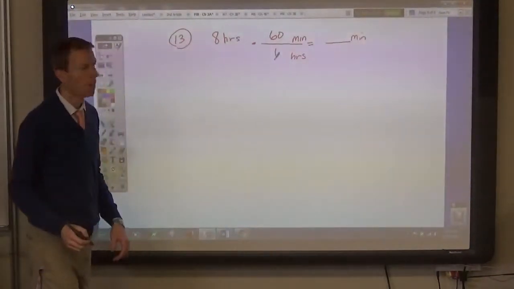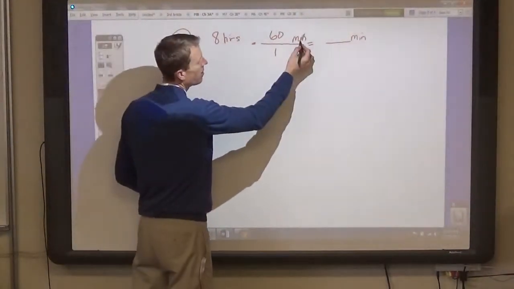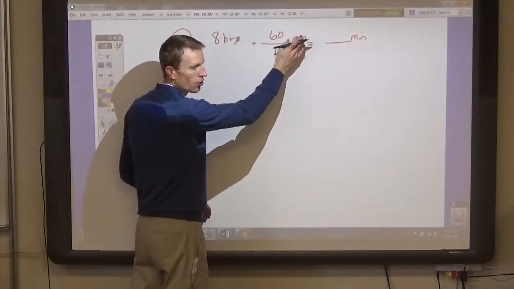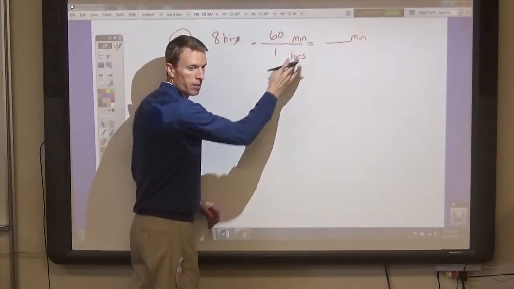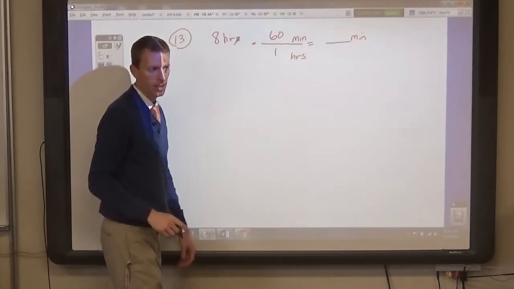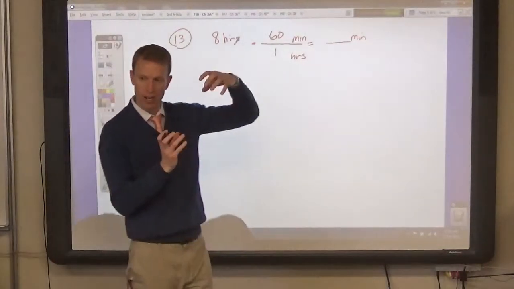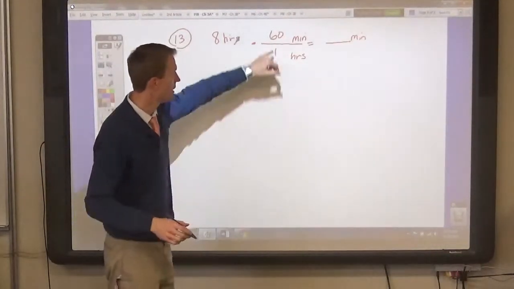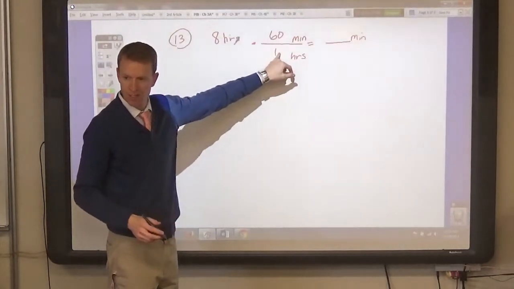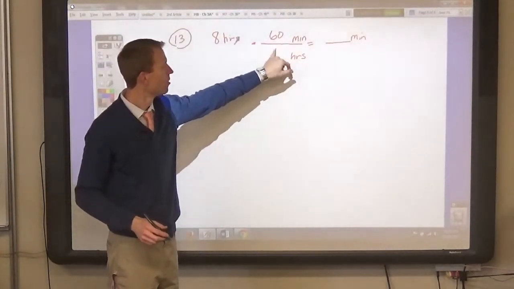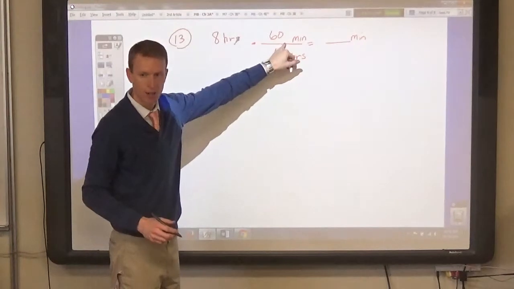If you're going from hours to minutes, then you have to have a conversion factor that has the minutes on the top and the hours on the bottom. And they are a ratio. They're a factor that equal the same amount. Okay? So what does this tell you to do then, to figure it out?